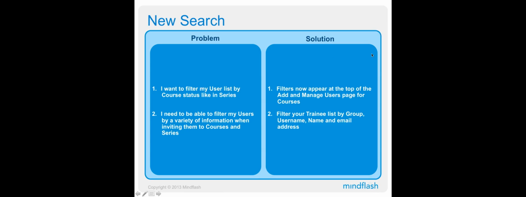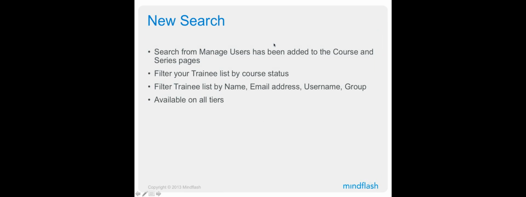But when you go to the Distribute tab within your course, you can actually access the new functionality that we have. And if you go to the next slide, it allows you to search and filter by group status. So you can go in and select any group.